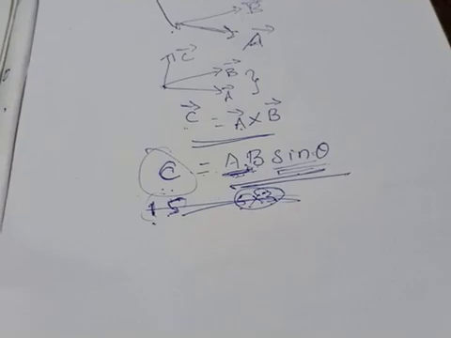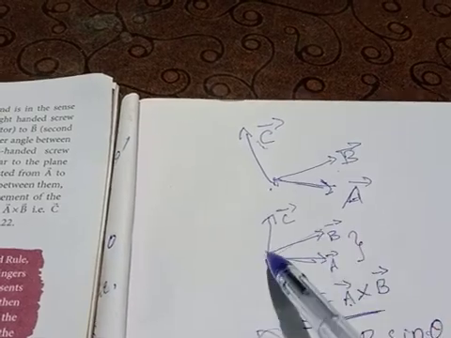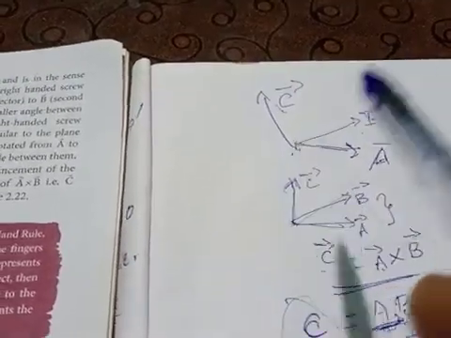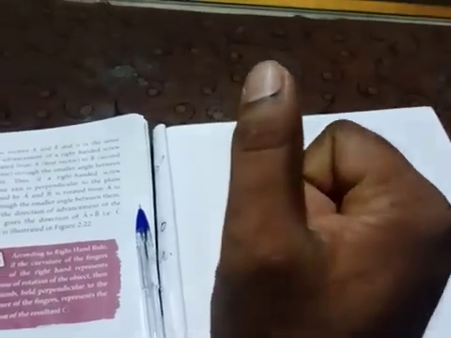And to know the direction of these three vectors, you can see A is in one direction, B is in another direction. So the resultant C is apart from these two directions. This we can indicate by using a right hand rule like this. Hold your hand like this. This is the right hand rule. You can fold your fingers.